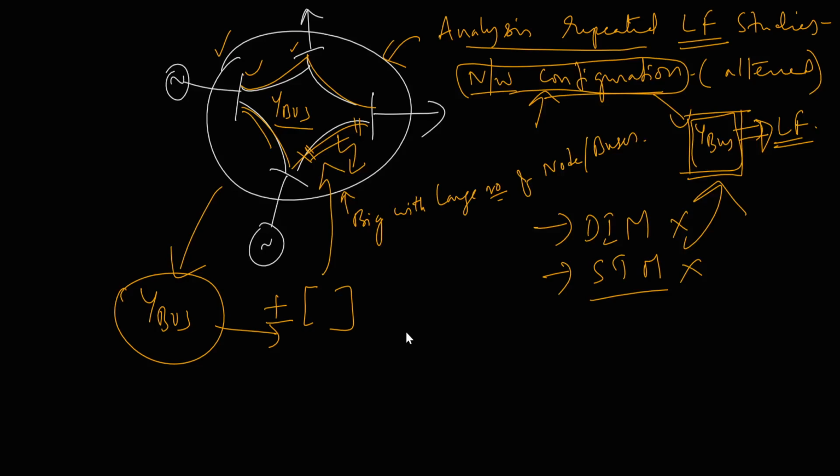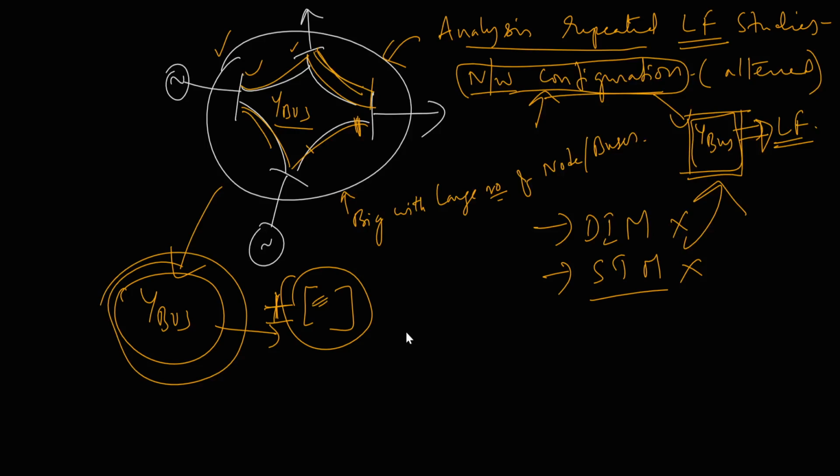I can also add one more line, not only eliminate, not only subtract the submatrix corresponding to a line from the existing network. In that case, I will be adding the small submatrix corresponding to this line to the existing Y bus.